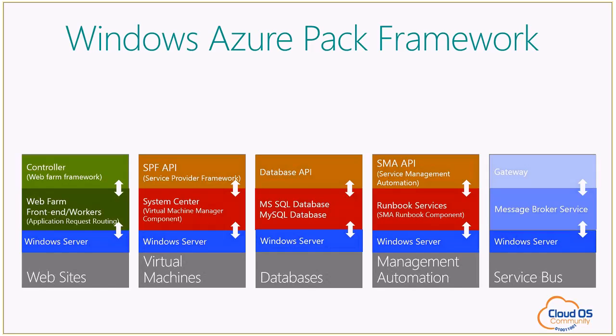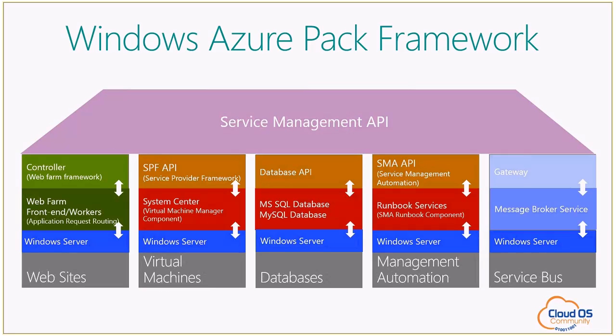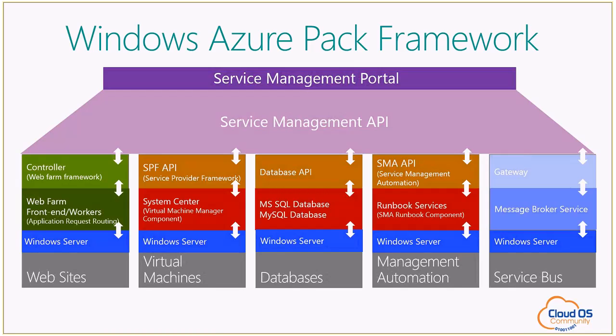And finally, following that same methodology, our service bus works in exactly the same way, and allowing us to deliver all of those things up to the service management API, the super glue essentially that gives us each of these areas. Now, what we haven't looked at up to this point is what are those areas called? So websites, virtual machines, databases, automation, and service bus.